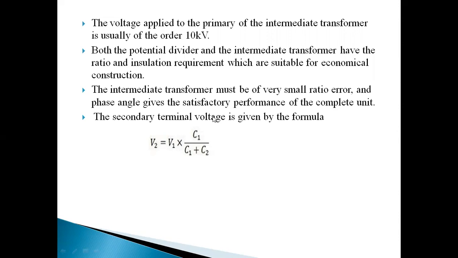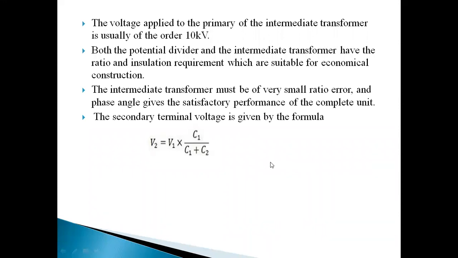Now the intermediate transformer must have very small ratio error and phase angle for satisfactory performance. So this transformer should have very small ratio error, whatever the ratio of the potential divider and the intermediate transformer is, there will be a ratio of the two voltages.